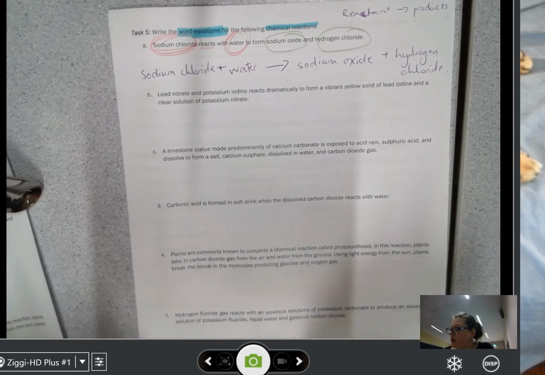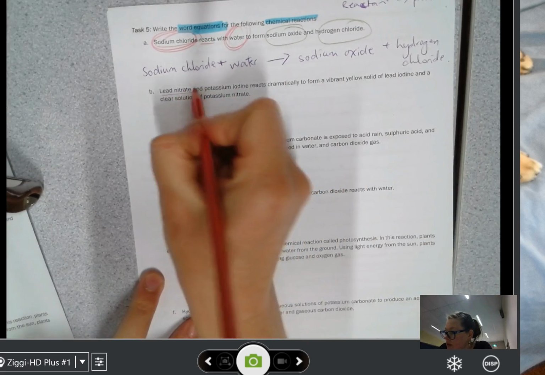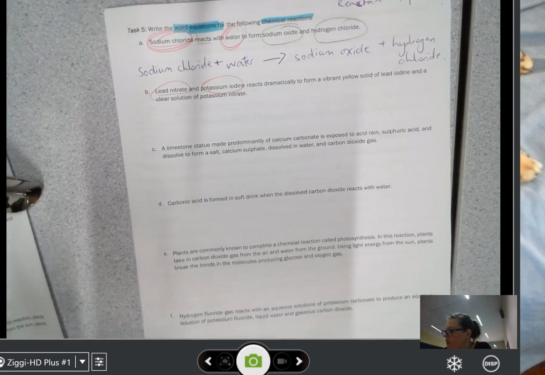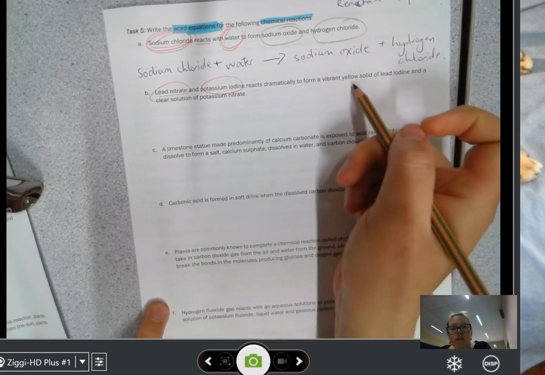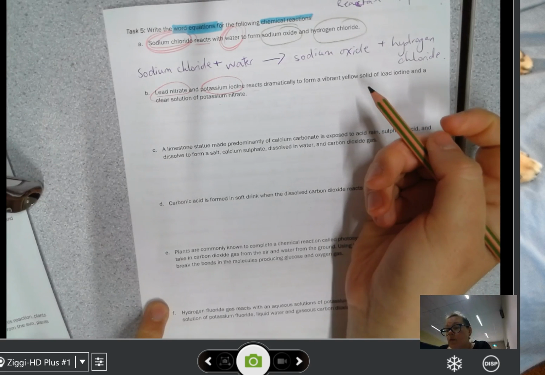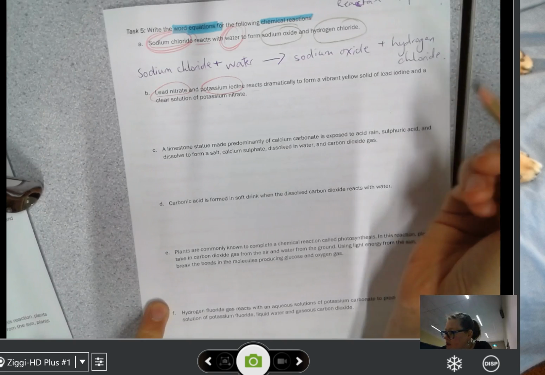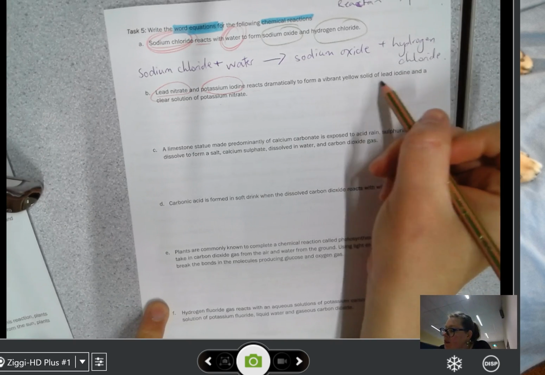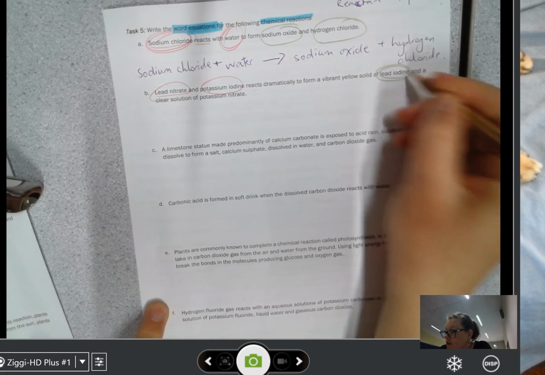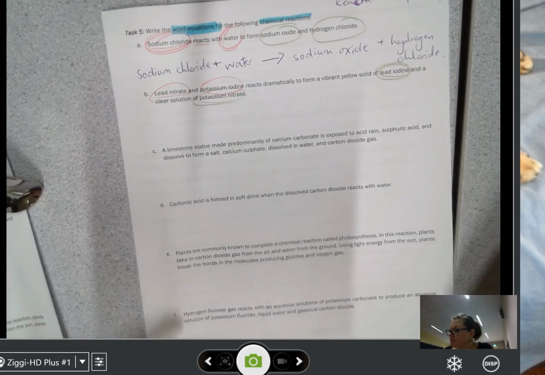So for the next one, again, lead nitrate and potassium iodide reacts. So these are our reactants, dramatically to form a vibrant yellow solid. This is not that important other than to tell us that a precipitate has been formed, which is a way of indicating that a chemical reaction has occurred. Vibrant yellow solid of lead iodide, and potassium nitrate.